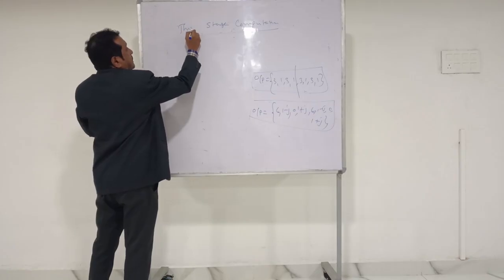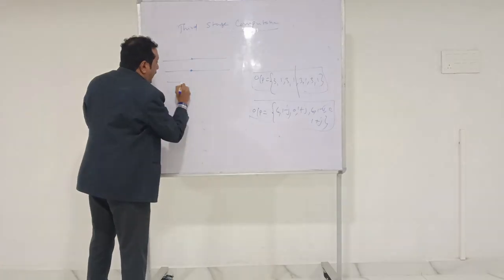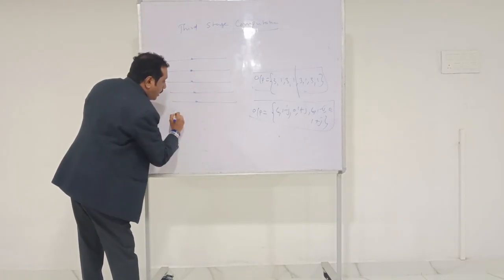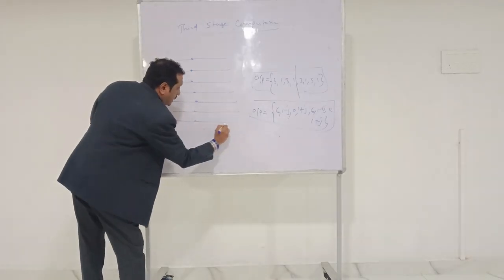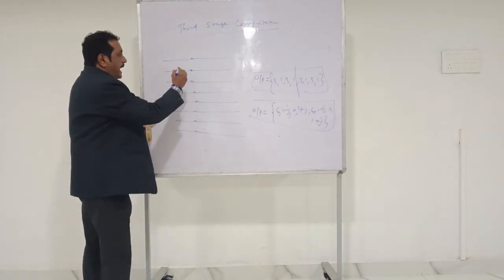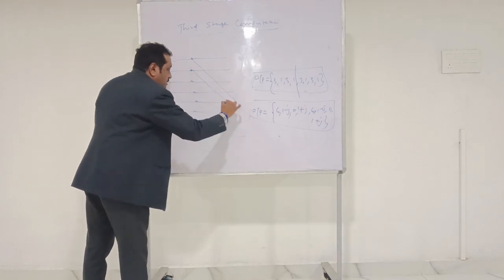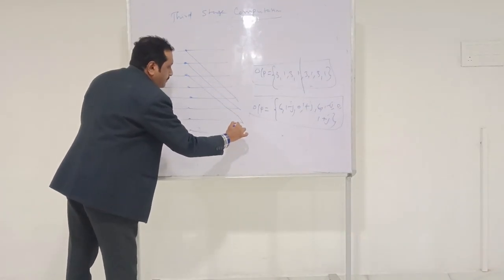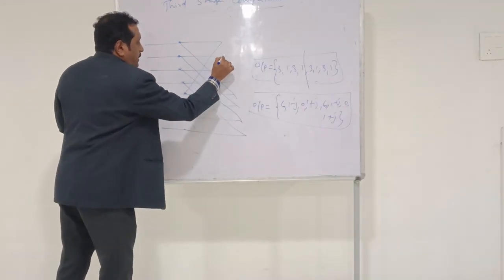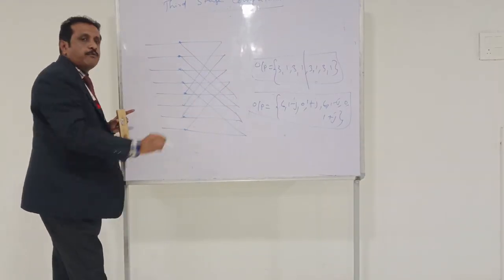Draw 8 lines, since we have 8 inputs, and form the butterflies: 1 to 5, 2 to 6, 3 to 7 and 4 to 8. The reverse process also: 5 to 1, 6 to 2, 7 to 3 and 8 to 4.